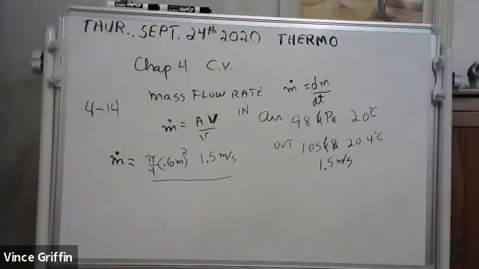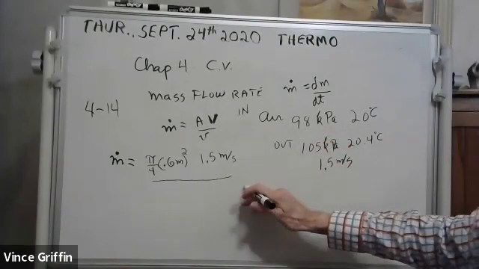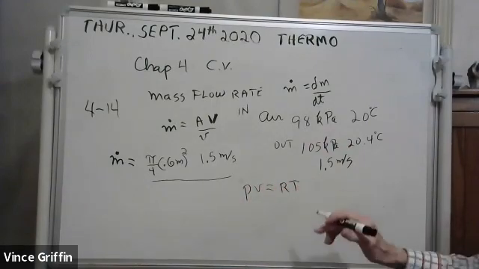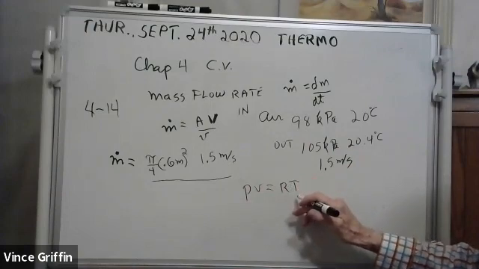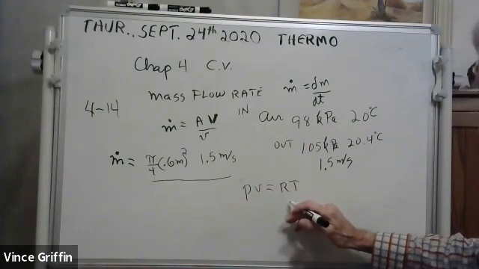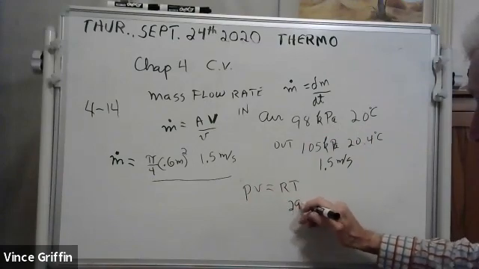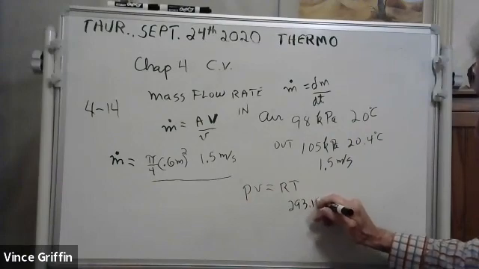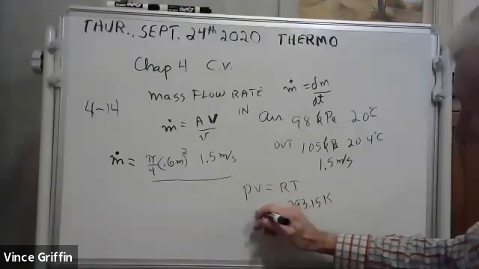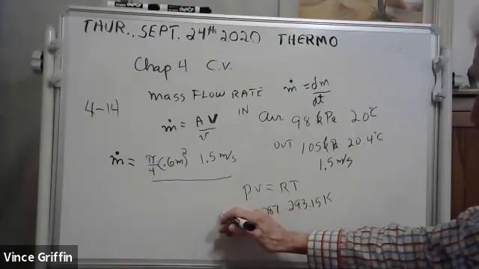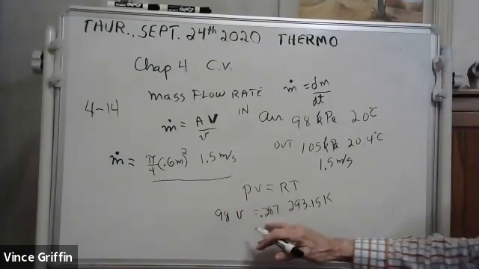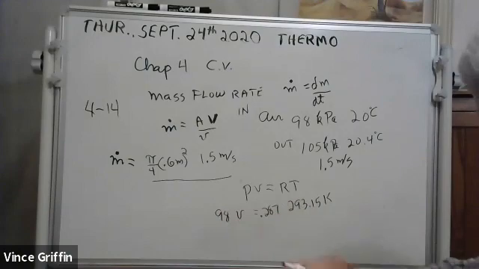But to get the specific volume, you're going to have to go PV equals RT. Now we know the T, only you have to use Kelvin. So that would be 293.15 Kelvin, and R is 0.287. P is 98 coming in. So see, you can get the specific volume from here.